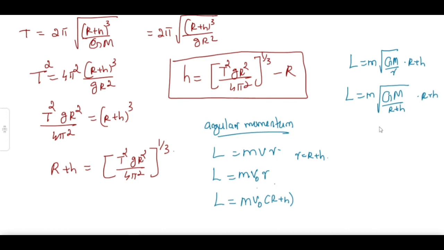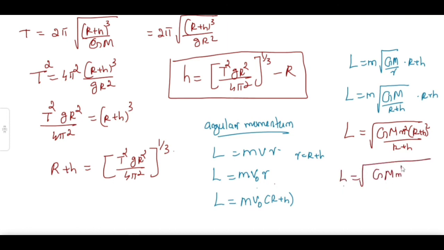So what can we write now? L is equal to, take the m inside, so we can write the square root of GM m square into (R plus h) the whole square divided by R plus h. One R plus h will cancel, so we can write the square root of GM into m square into (R plus h). So this is the angular momentum of the satellite formula. Hope it is clear.